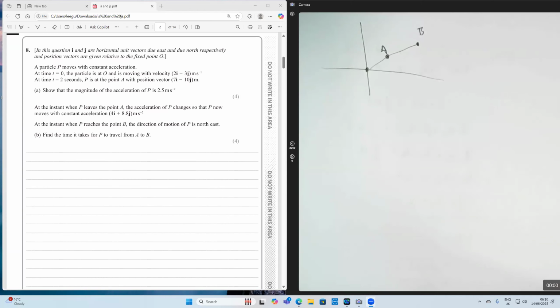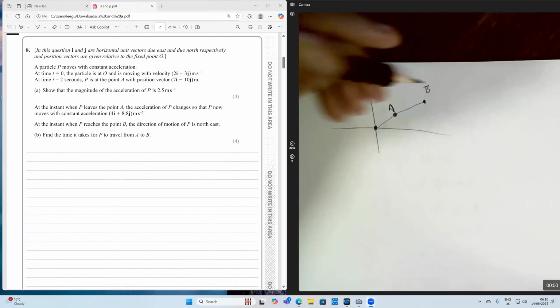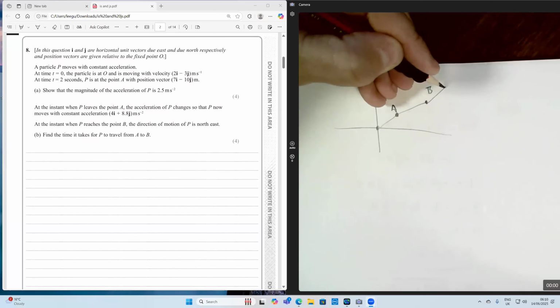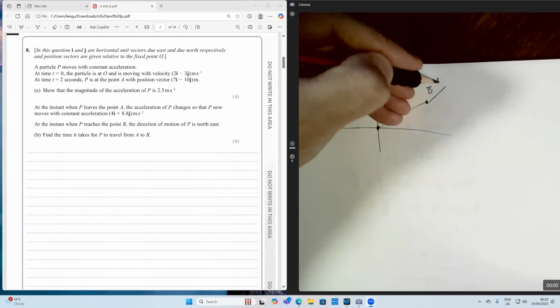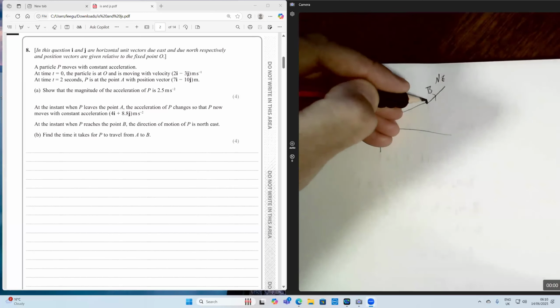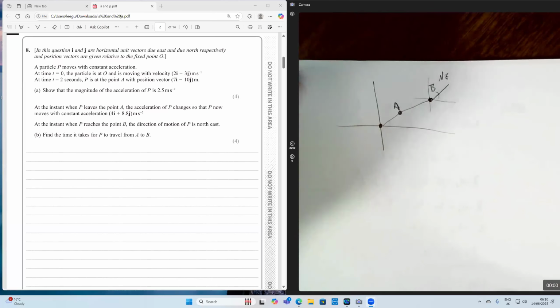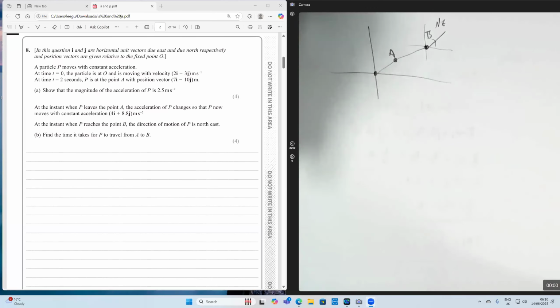At the instant when it reaches the point B, the direction of motion is northeast. So at the second that it's there, it's going in a northeasterly direction. That's the direction of travel at the point that it reaches B, and we're going to be using that in a moment.